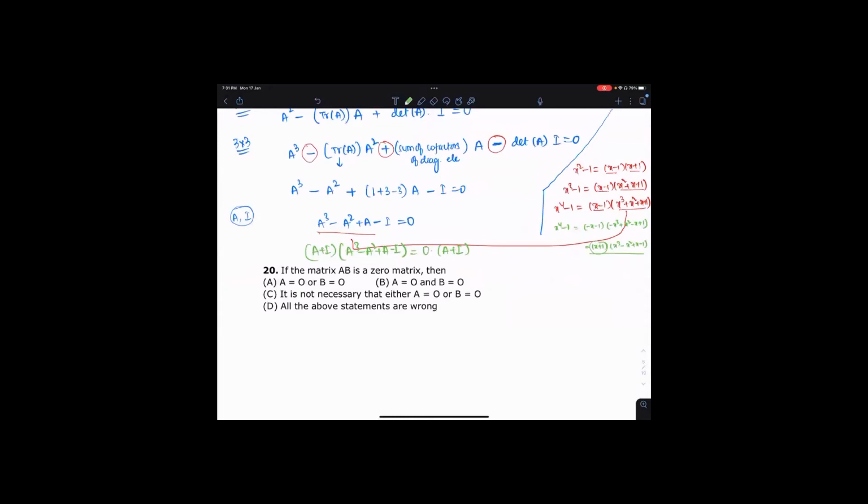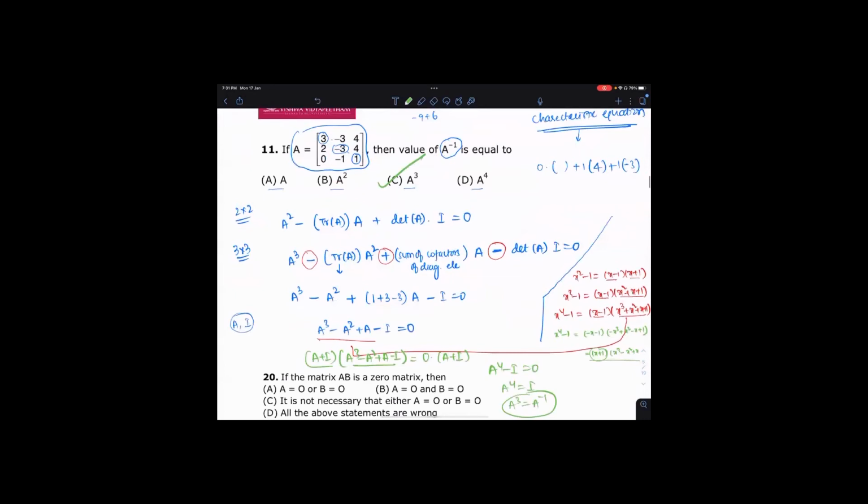A inverse. Like, okay. I've taken a tougher example so that if an easier question comes, it will be easy for you to solve. Okay. But these are the two important things which you should know.